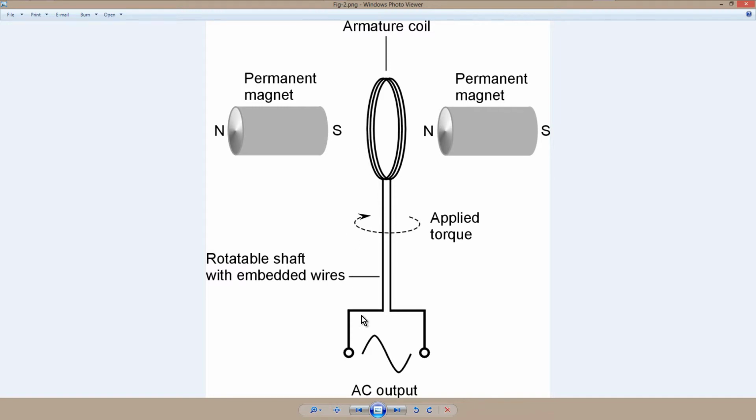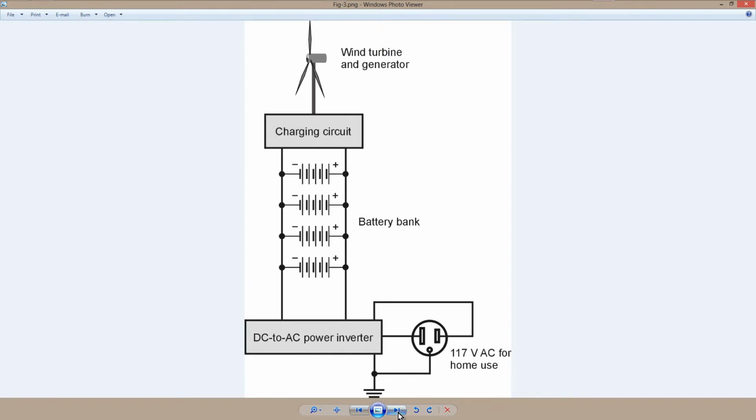And that's the principle by which pretty much all electric generators work, even right down to the little portable generator that you may have for the purpose of backing up your electricity when the power fails during a winter storm or something.